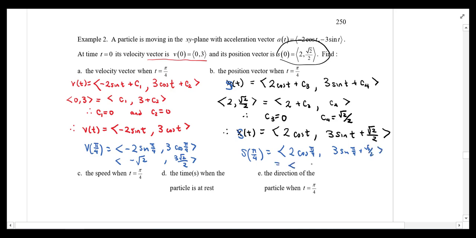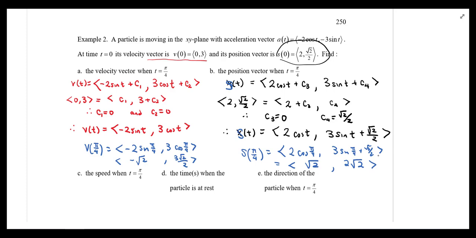Cosine pi over 4 is root 2 over 2, so root 2 over 2 times 2 is root 2, and then 3 root 2 over 2 plus root 2 over 2 is 4 root 2 over 2, which is the same thing as 2 root 2. There you have it. The position vector at time t equals pi over 4. Woohoo!